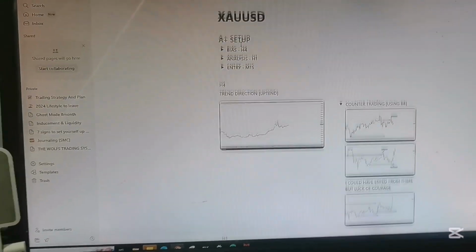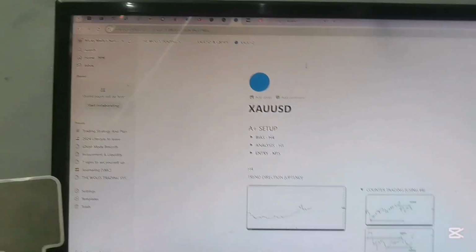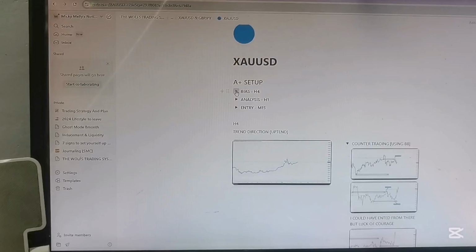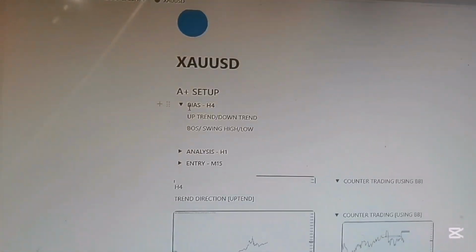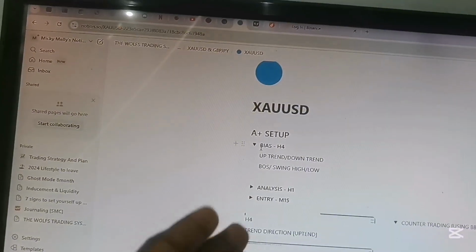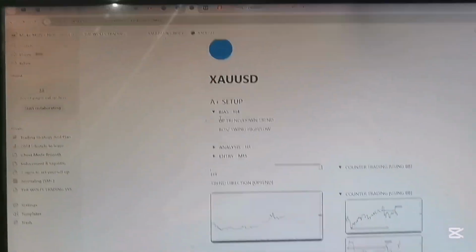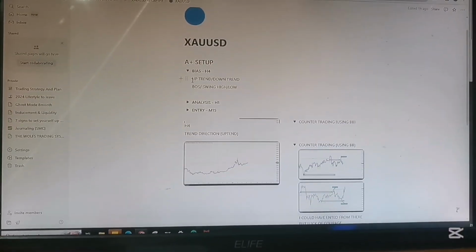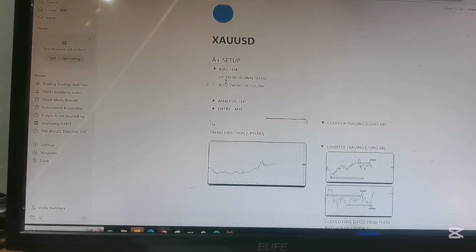And also I went more advanced when moving forward backtesting. So I was like, let me just bring up my A+ setup. So every trade I go to the H4 time frame. I look for my buyers on my H4.